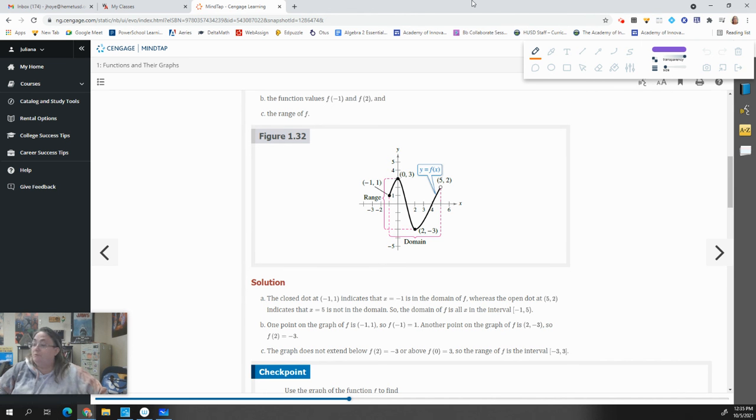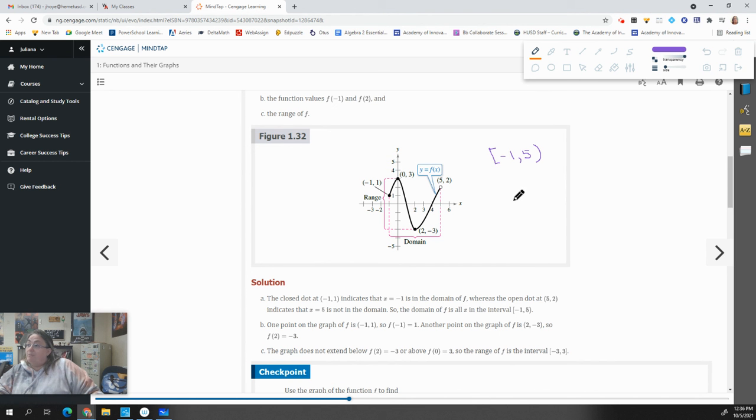So we would have bracket -1 because it's including it. And it would go all the way to 5, but 5's an open dot. So we don't include 5. It gets a parentheses. Do you guys remember that for writing notation? Bracket means you're including it. Parentheses means you're not including it, but you're going up to it. Sort of like with the open dot and the closed dot when you graph them.